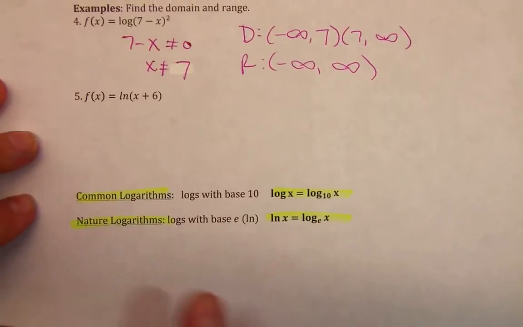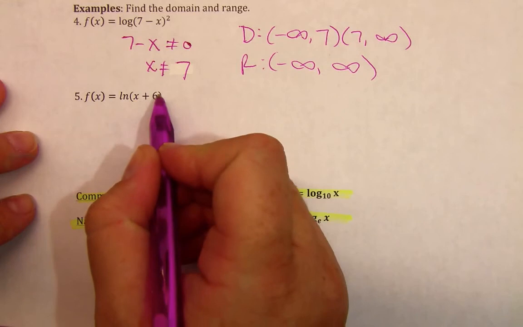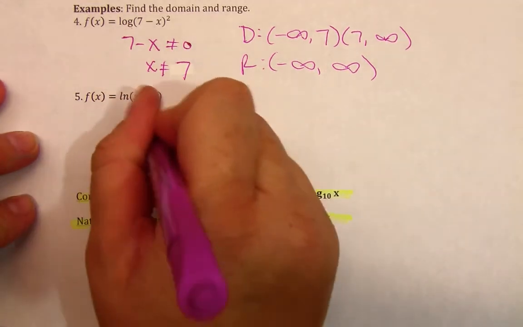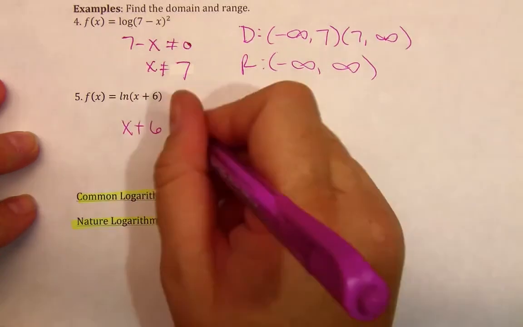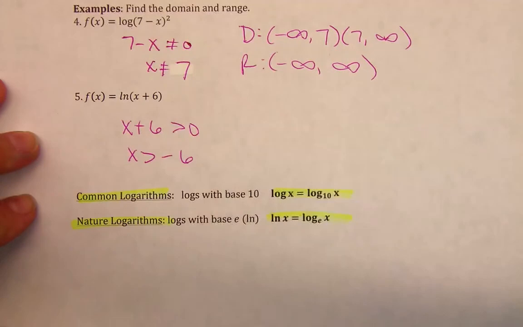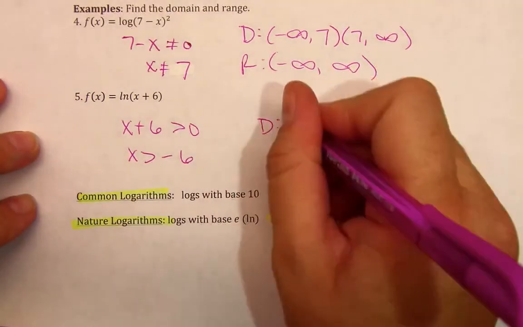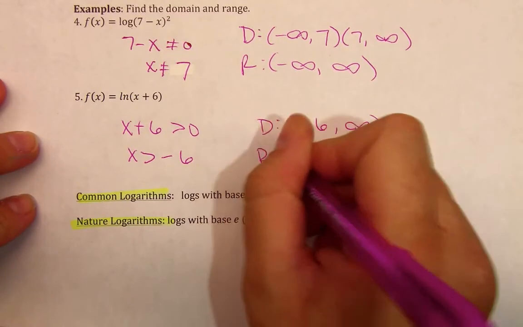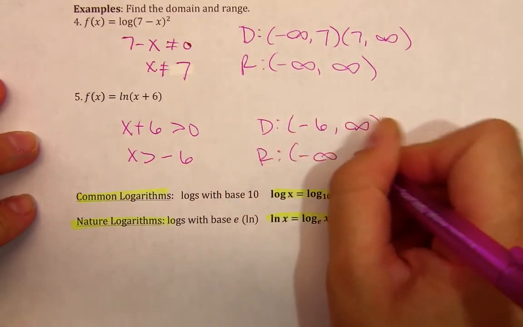For the next example, it's not squared, so it is possible that this could be negative. So we want x plus 6 to be greater than 0. So subtracting 6, x needs to be greater than negative 6. So my domain is going to be from negative 6 to infinity, and my range is going to be negative infinity to positive infinity.